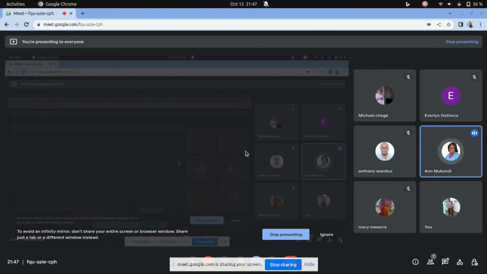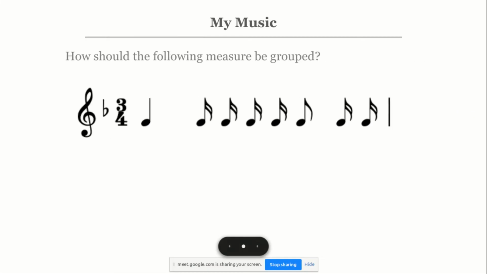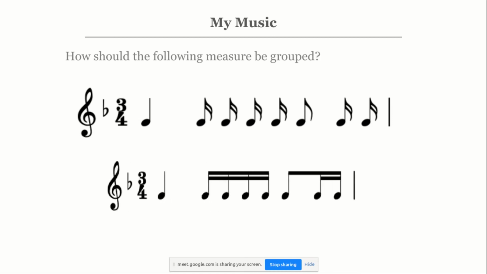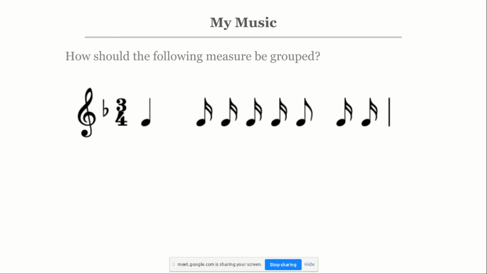I was asking about the flat that is just between the clef and the time signature. Oh, that's a key signature. You remember we did key signature at the beginning in grade 1. 1 flat is F. 1 sharp is G major. You remember us doing those scales? Yes, that is the flat here, but it shouldn't be considered here with the time signature.